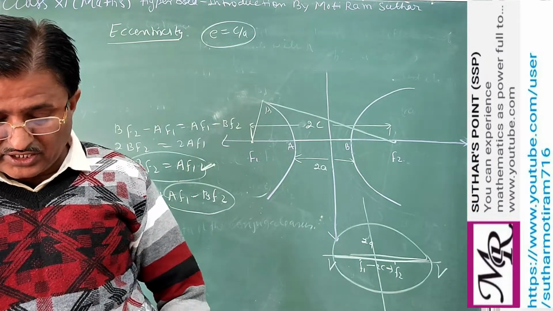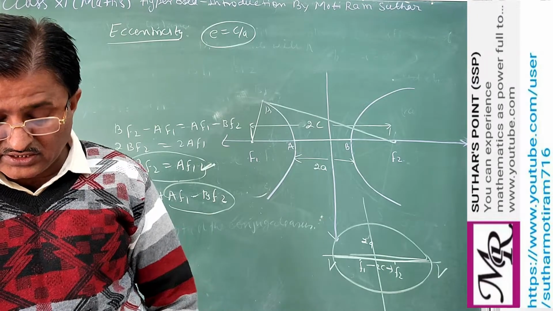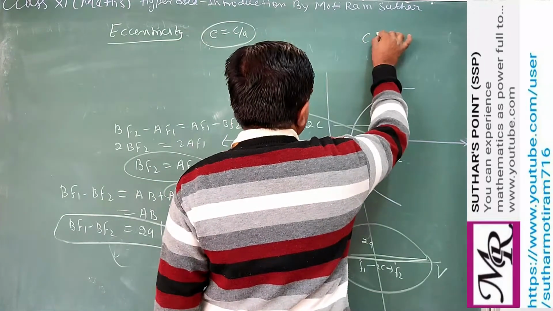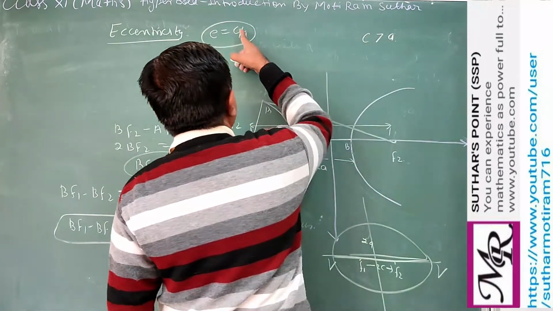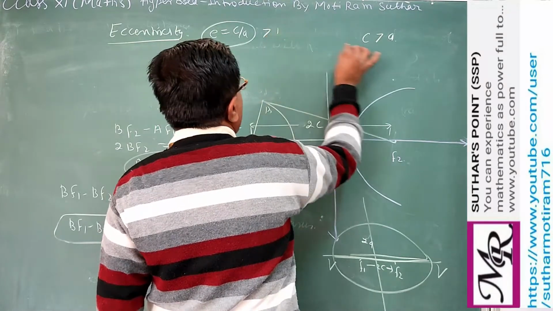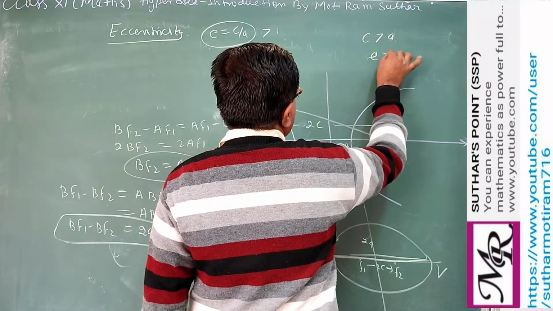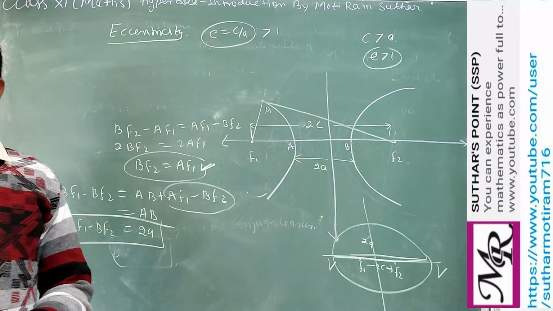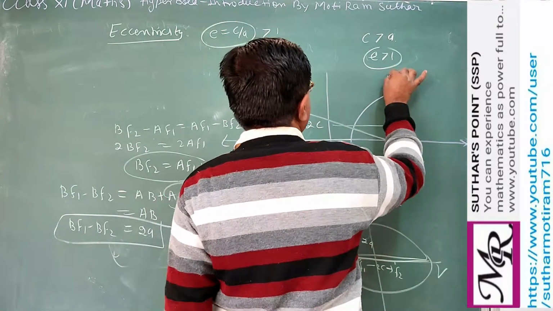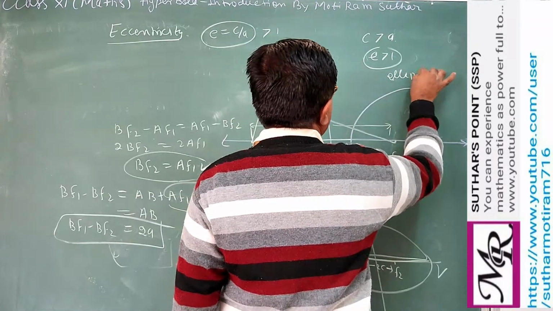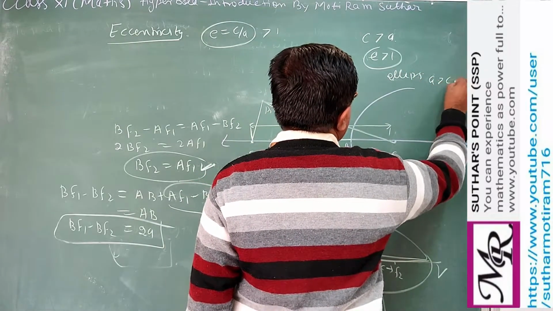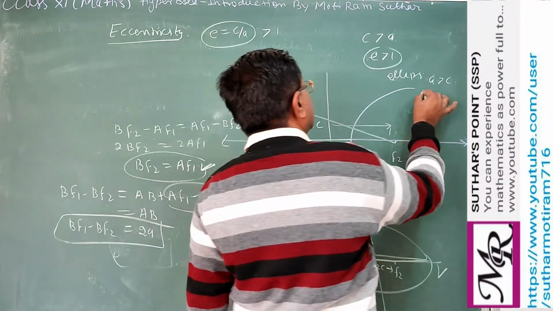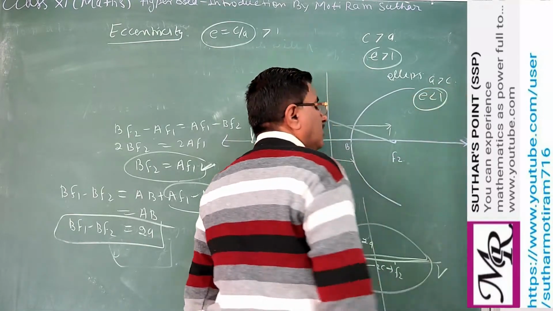Here since C is greater than A, the eccentricity is never less than 1. So numerator is greater than denominator, it means the value of E, or eccentricity, is equal to or greater than 1. But in the case of the ellipse, you know that A is greater than C. So the denominator is greater, so eccentricity is always less than 1.